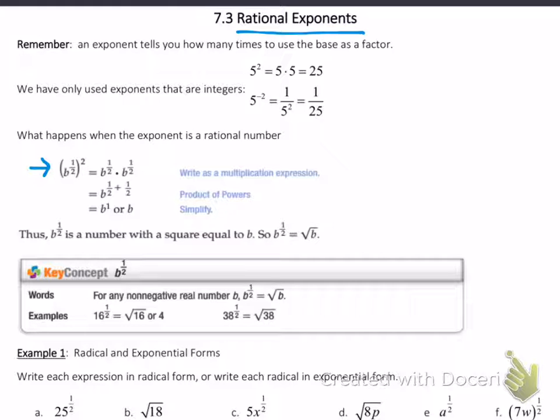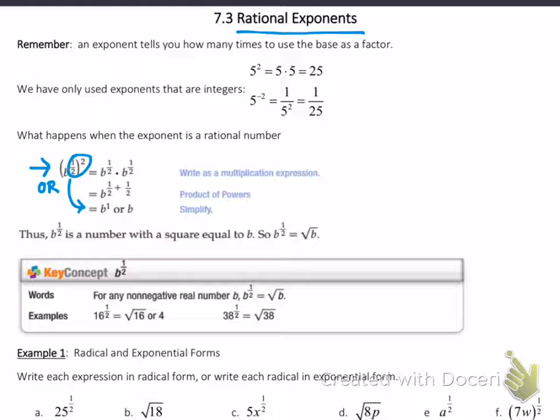Since this whole thing is squared, they broke it down to b raised to the 1/2 times b raised to the 1/2, and then the rule is 1/2 plus 1/2, which is 1. Or you could have multiplied 1/2 times 2, which is just 1. So b to the first power, or just b. And so just because we're dealing with fractions doesn't mean anything really is changing.